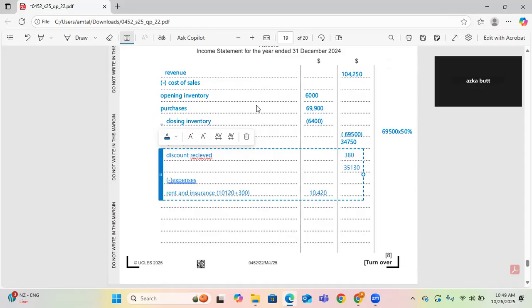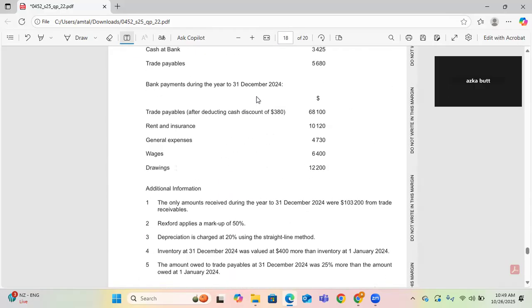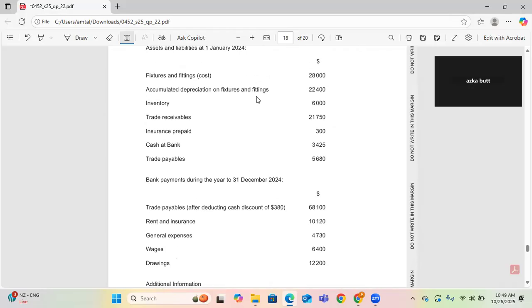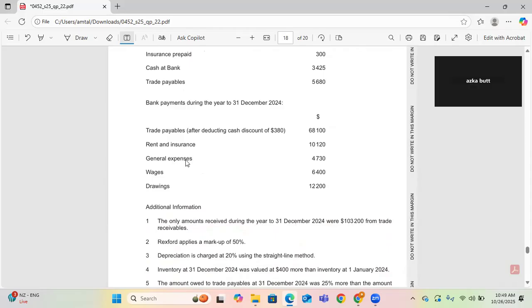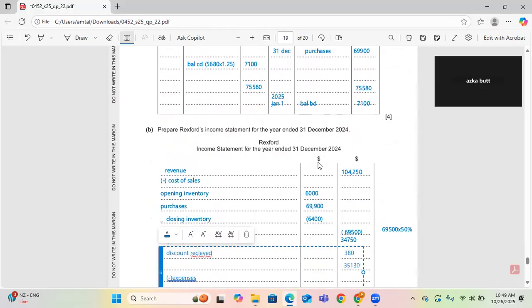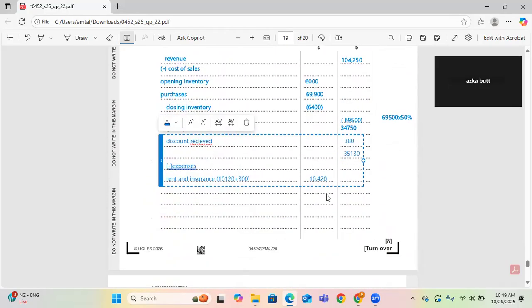Let's see the next expenses. Whenever you are looking for the expenses, just look at the payments. As you can see, we have the journal expenses, which is 4,730, but I don't think there is any adjustment. So the journal expenses is equal to 4,730.